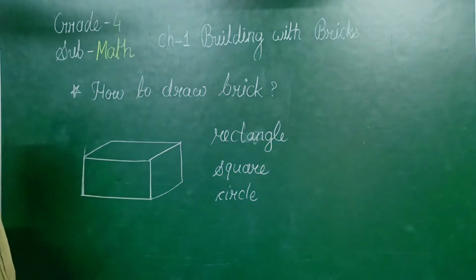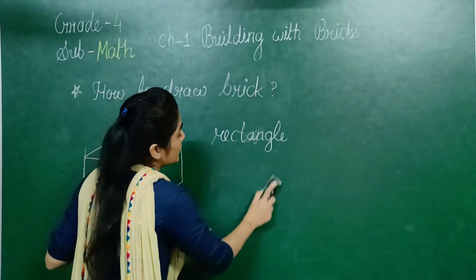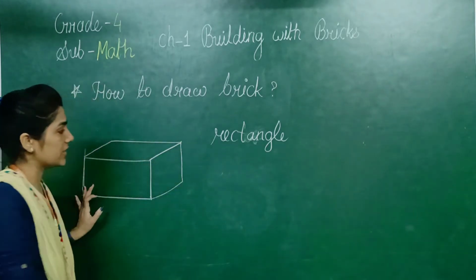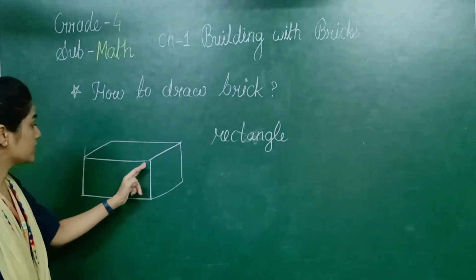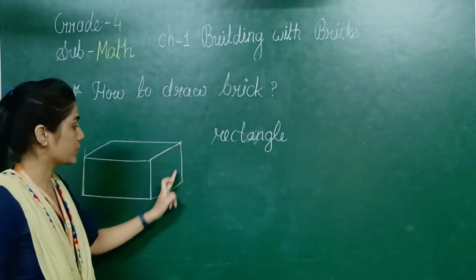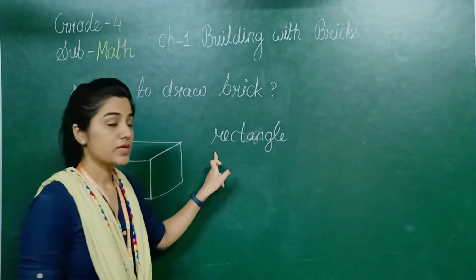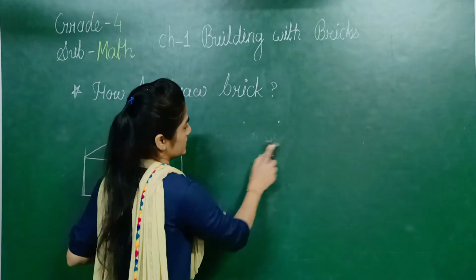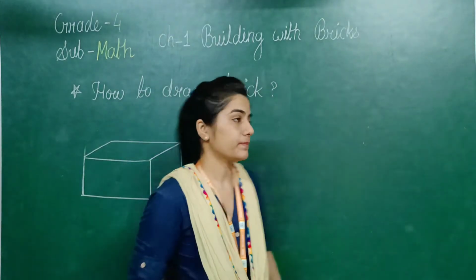But here I am mentioning only the rectangle. Why? Because you can see from this figure which I have drawn on the board that all the sides which are visible to you are of rectangle shape. So we can say that this brick has a rectangular shape.